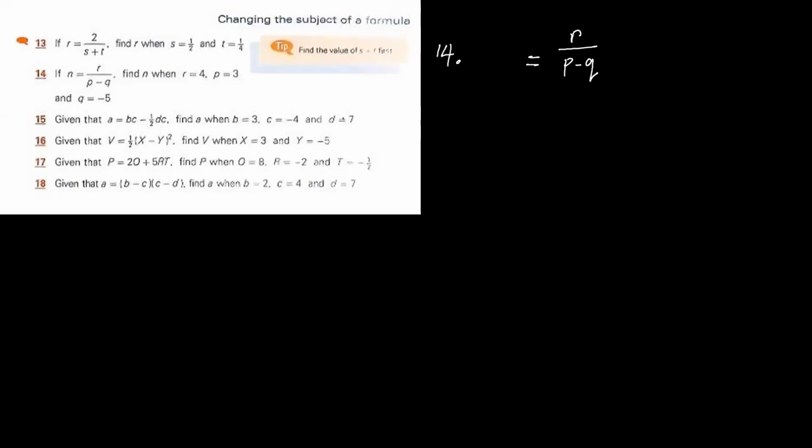So N is equal to R over P minus Q. That was question 14.